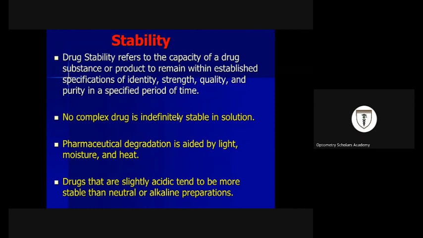So drugs that are slightly acidic tend to be more stable than the neutral or alkaline preparations. That is why some of the drugs that sting more, especially the acidic ones, are more stable.